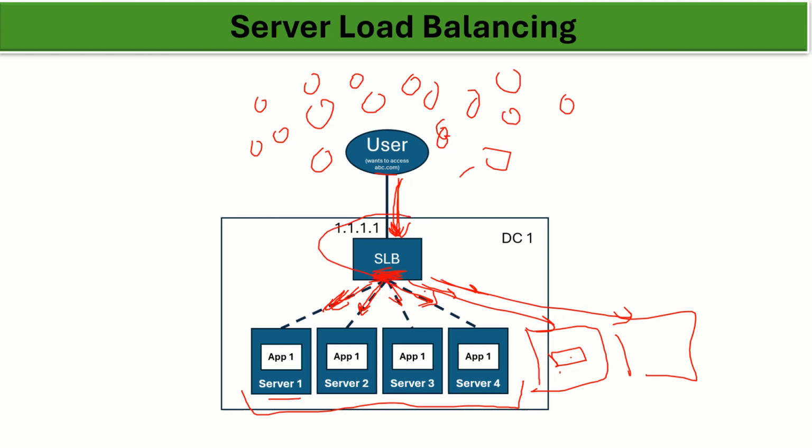And that is why the server load balancer becomes an essential, imperative part of a data center solution where the upscale of resource requirement is too high, and it will distribute that across the different servers. That is the crux of what a server load balancer is, and it is also called a reverse proxy in many cases because it is performing that duty of acting as a proxy for the requests.